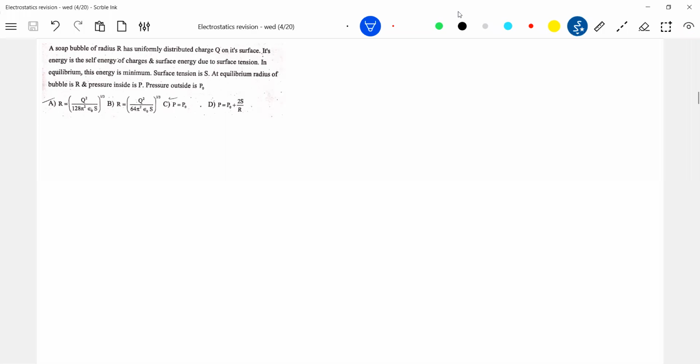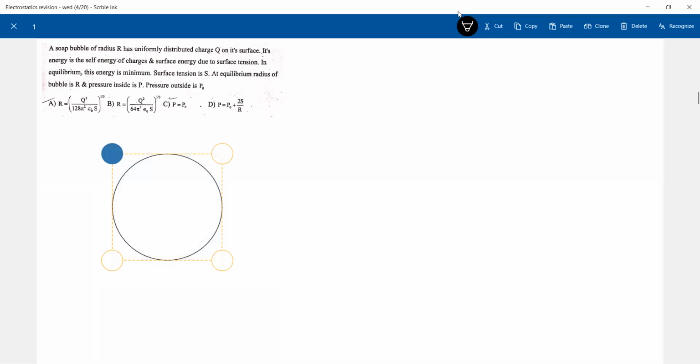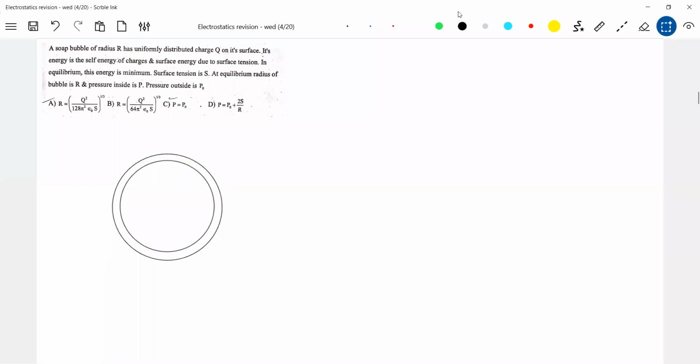So let's assume a soap bubble. That particular charged material is present only here. The remaining inside, there will be air.